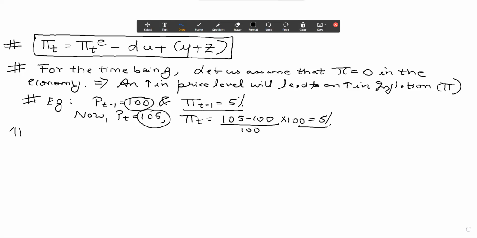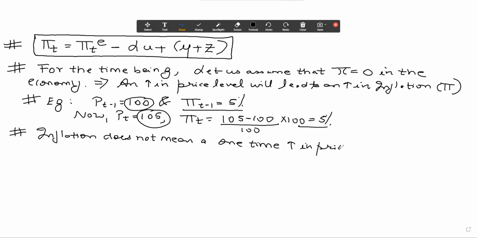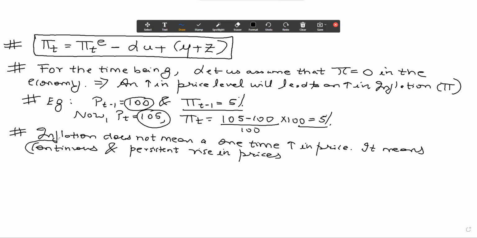Understand this. Inflation does not mean a one-time increase in price. It means continuous and persistent rise in prices.